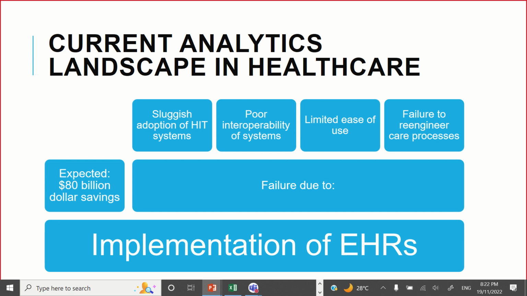Which one did we say is the aim for any health informatics system? Satisfying. Remember, satisfying, we said, is the top. It's useful, it's easy to use, it does the job, and the clinicians or the people using it are satisfied with it.